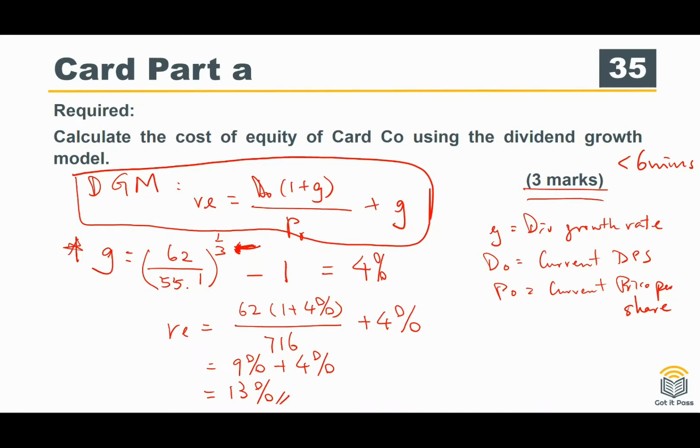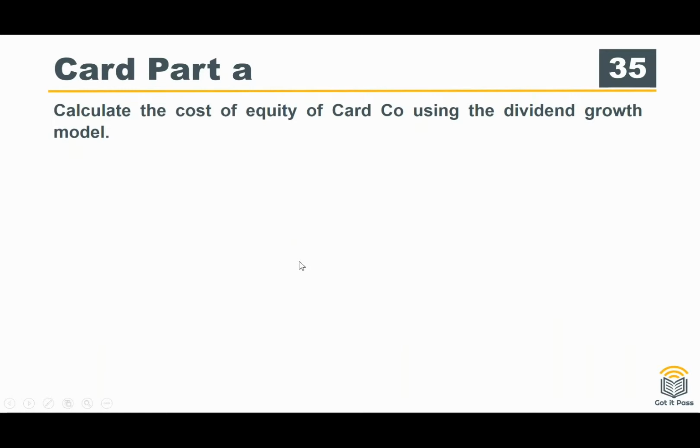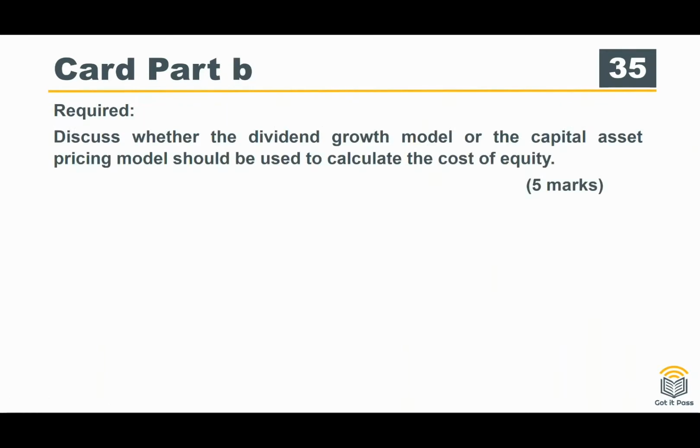So move to the next part. The second part, part B, the requirement is to discuss whether the dividend growth model or the capital asset pricing model should be used to calculate the cost of equity. So we need to compare which one should be better.